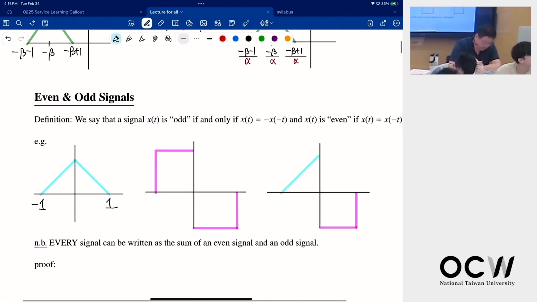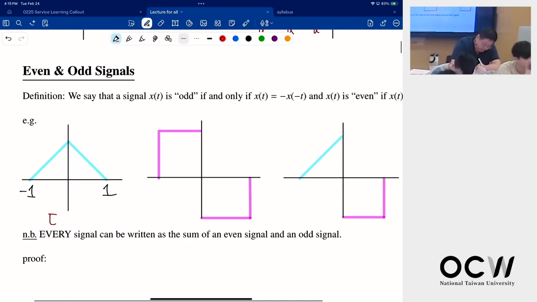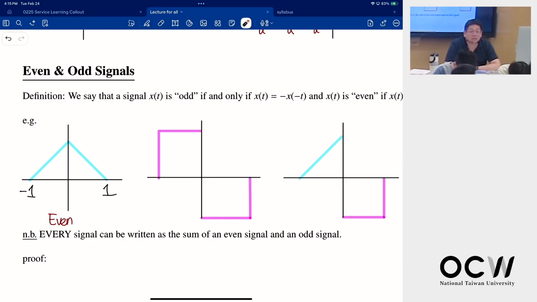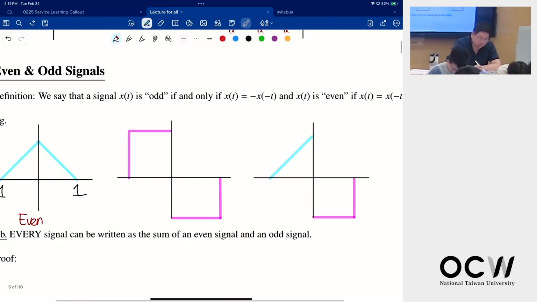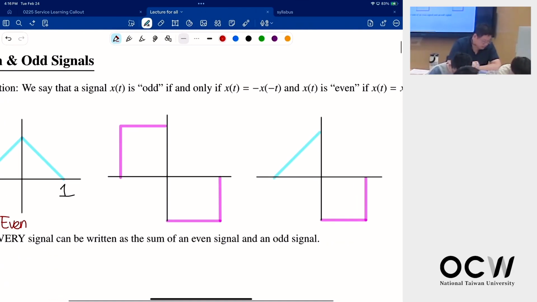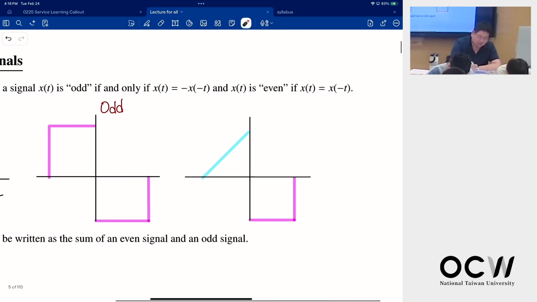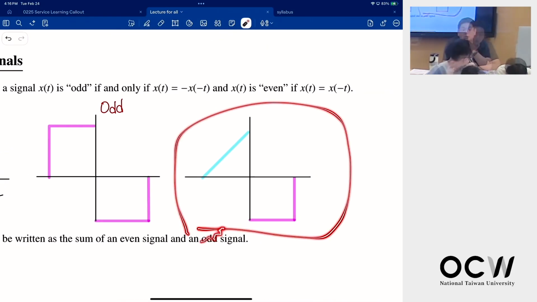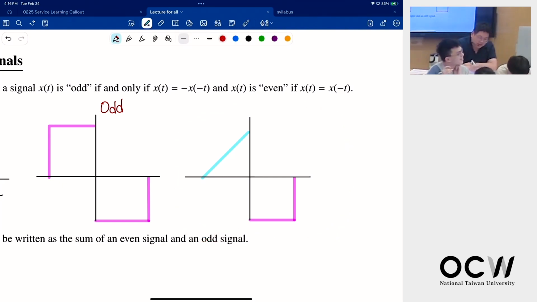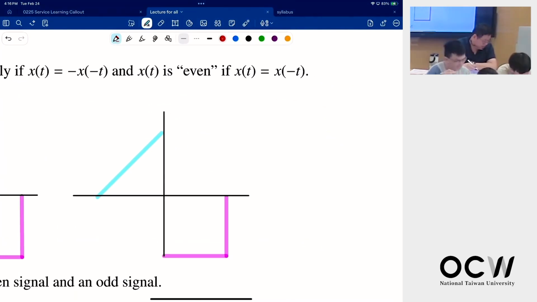Okay, if you say even, then I just put even. How about the second one? Odd. Suppose you are right. We say odd. Then how about this one? Correct, that's neither. It's not either even or odd.